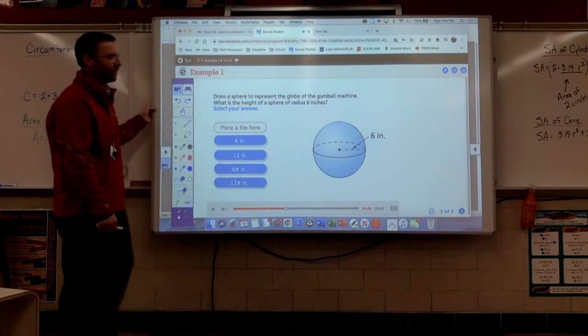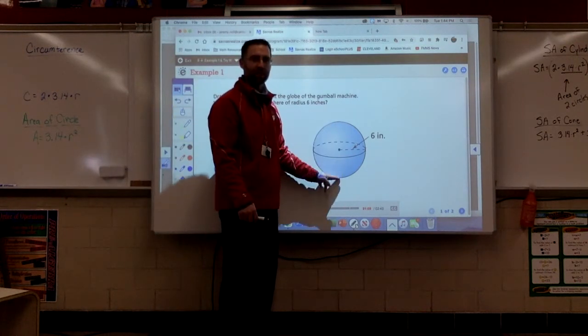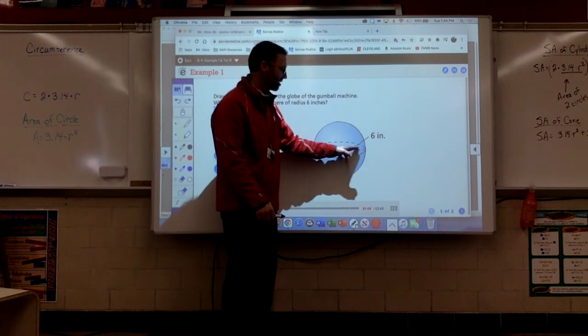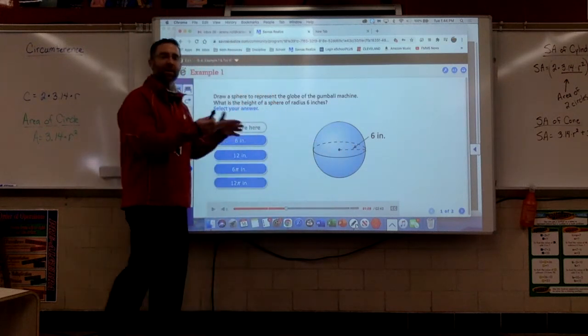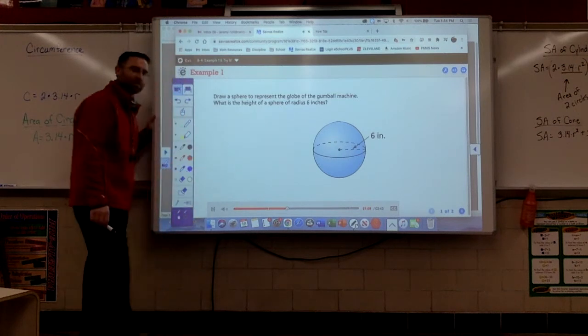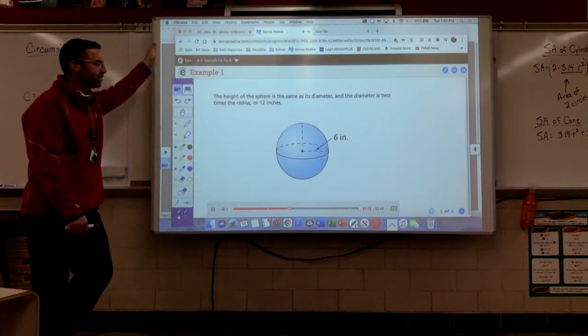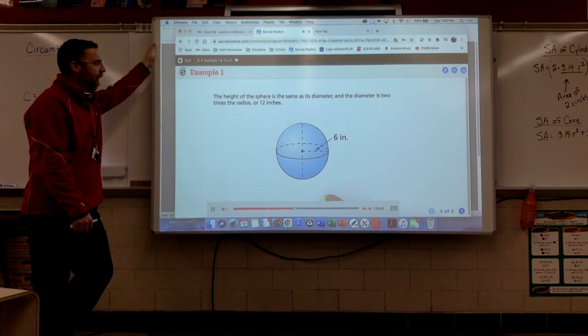Why would it be 12, everybody? It's talking about the height all the way across, basically, for this sphere. Well, the radius is 6, so to find the height, multiply that by 2. The height of the sphere is the same as its diameter, and the diameter is 2 times the radius. 2 times 6 inches equals 12 inches.